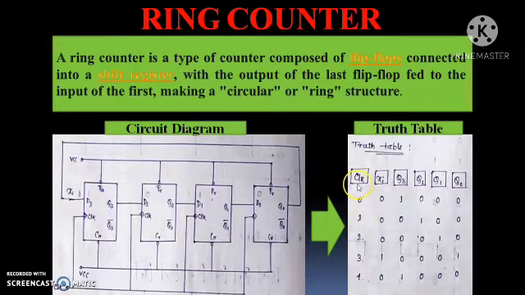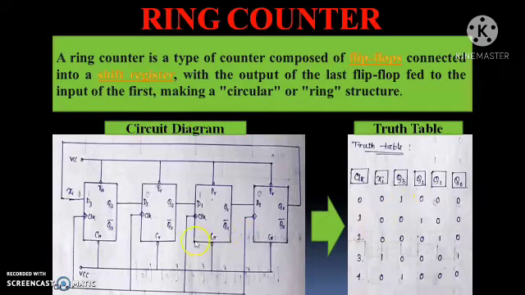So look at the truth table. Clock pulse, Xi, Q3, Q2, Q1 and Q0. Initially, when the clock pulse is 0, Q3 value is 1, Q2 value is 0, Q1 value is 0 and Q0 value is 0. Q0 value 0 means Xi value is also 0.